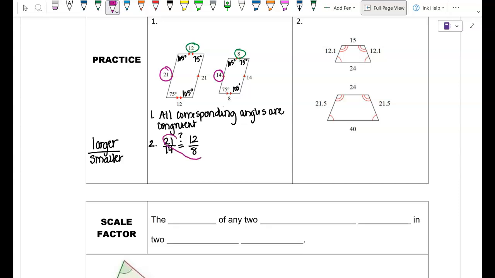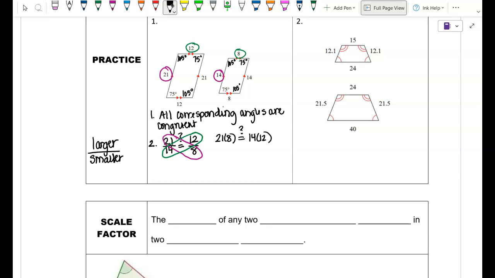we cross multiply. We want to know if I take 21 times 8, is that going to equal taking 14 times 12? If we are saying that they are proportional, those two multiplication problems should equal each other.